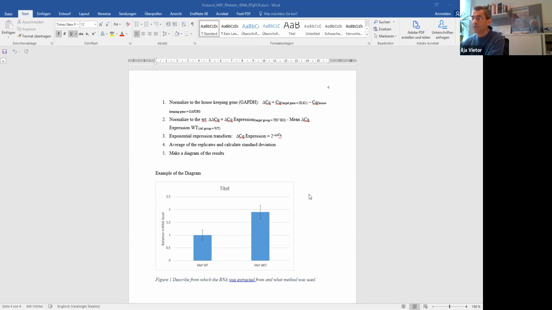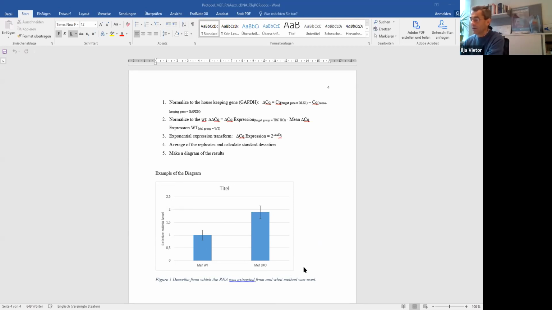What you have to do, you have the Excel sheets where the measurements are. You have to find out what is what, and then make this calculation, and then the final graph, which will be properly labeled. So you have to write down which gene was detected, normalized on what, what is your wild type, what is your target group, and make this type of graph as if it would be used for a publication.